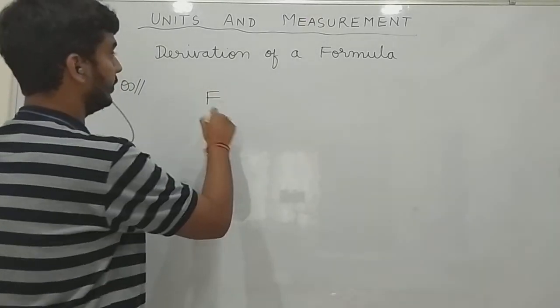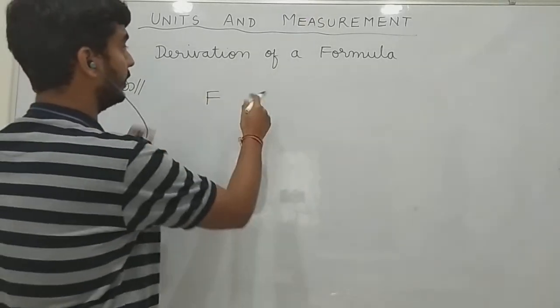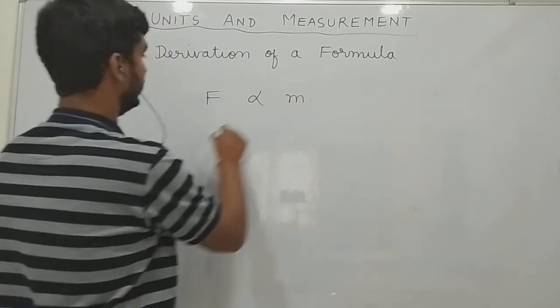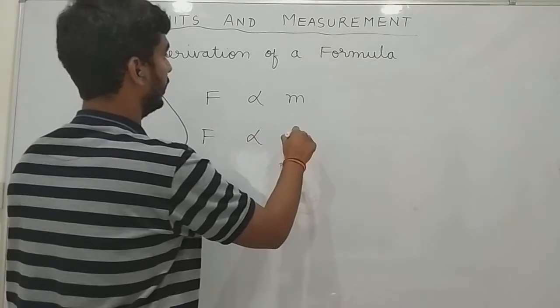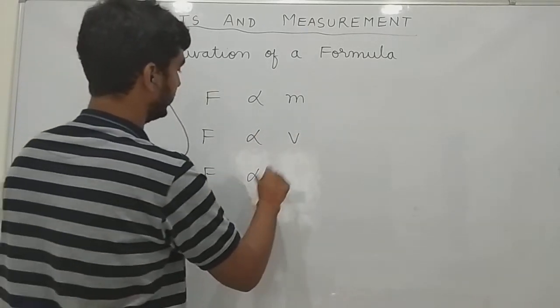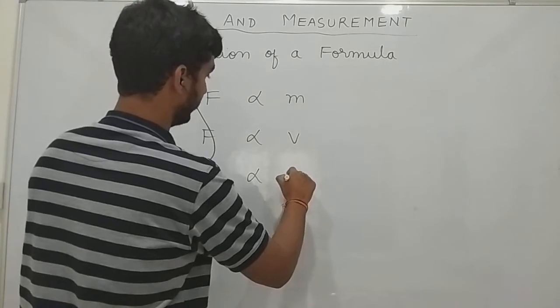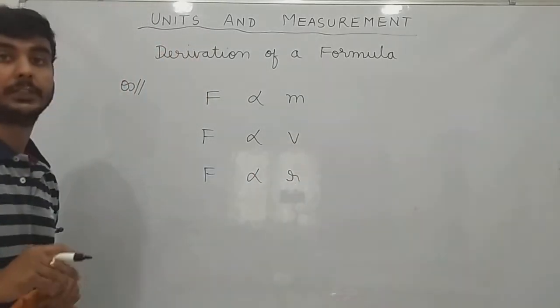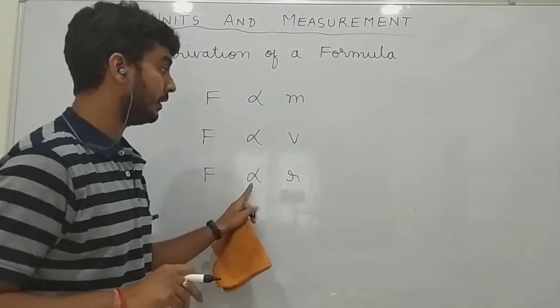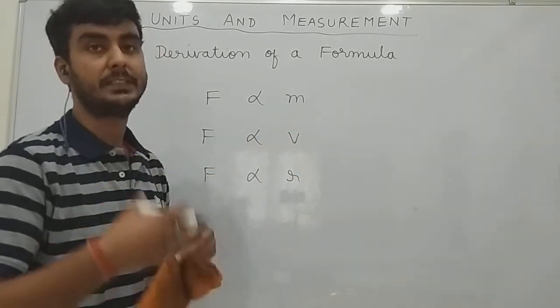Centripetal force, let it be denoted by F. Centripetal force depends on mass. Centripetal force depends on velocity. Centripetal force depends on radius of rotation. Now I am writing this just to represent that it depends on.